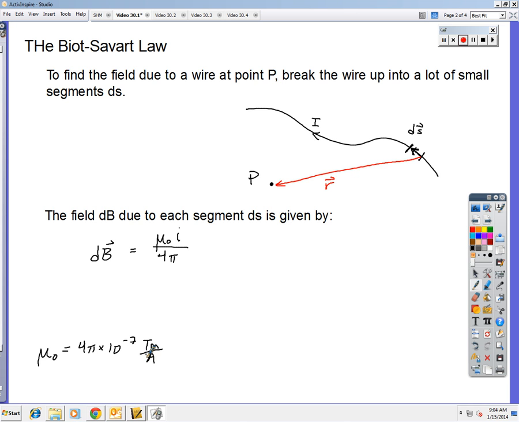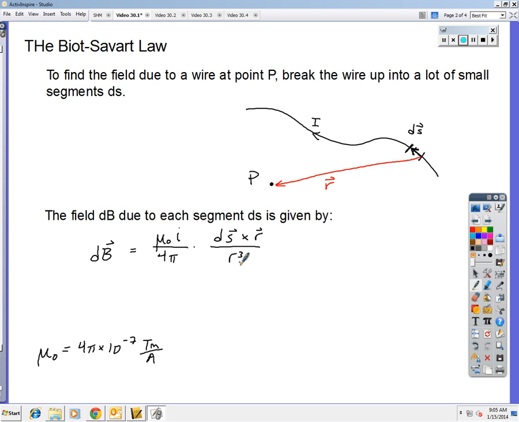So mu naught I over 4 pi times the quantity ds cross r hat divided by r squared. Notice that we've got both r with a vector hat and r without a vector hat on it. R without a vector hat is just the distance, no direction. That's what we've got in the denominator.